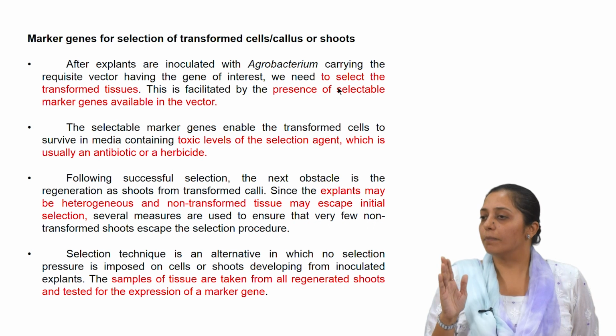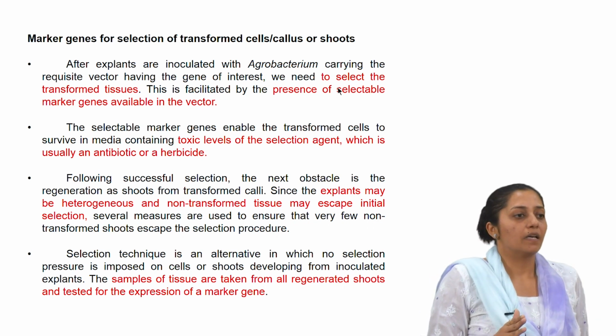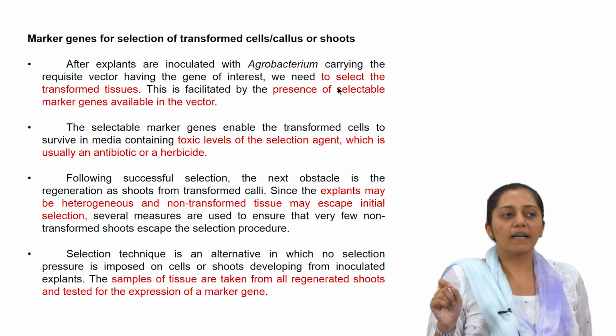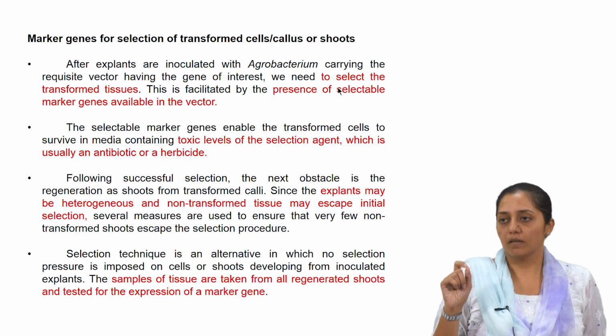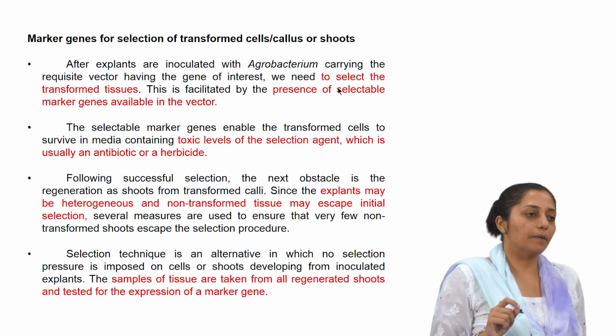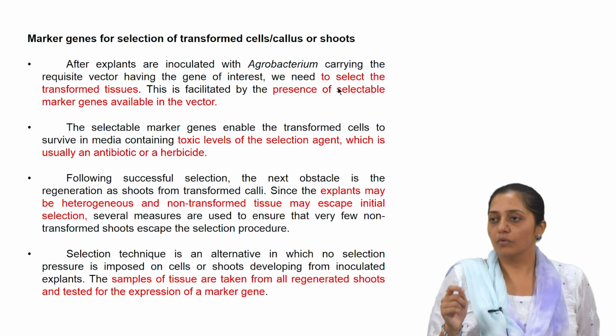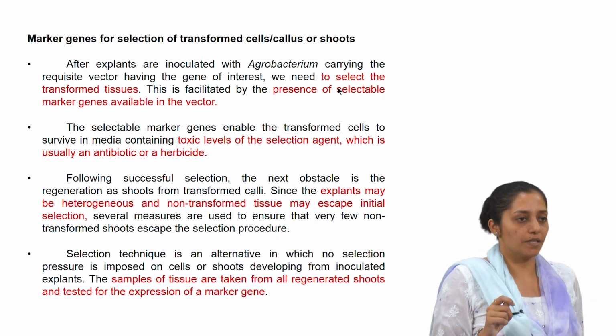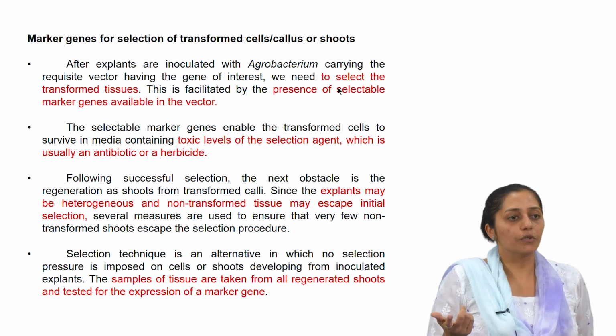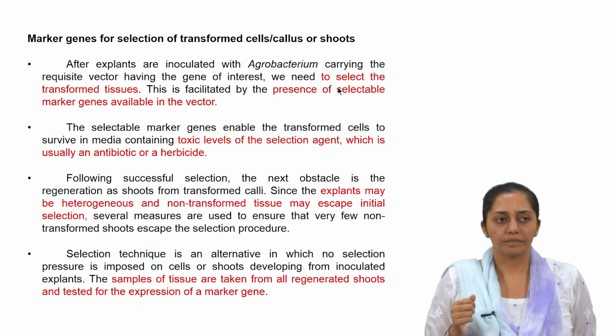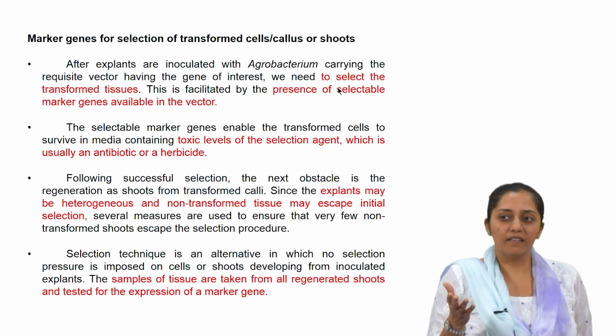Apart from the marker or the selective agent, Agrobacterium growth inhibiting compounds, other antibiotics like carbenicillin, to which Agrobacterium is sensitive, are also used. Why do you think? And when is this used?